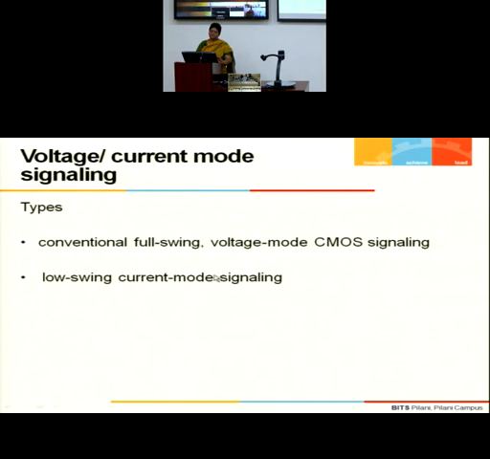When I say full swing here and low swing here, that means the span is less in current mode, it is more in voltage mode CMOS. It is very easy for us to implement this, but you will see very soon this is a more efficient way of sending the data. Okay?